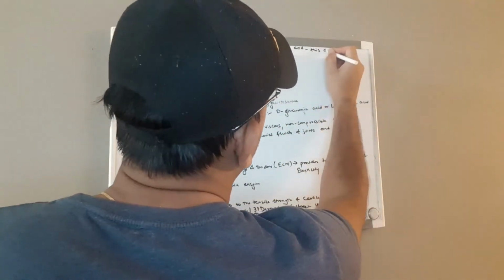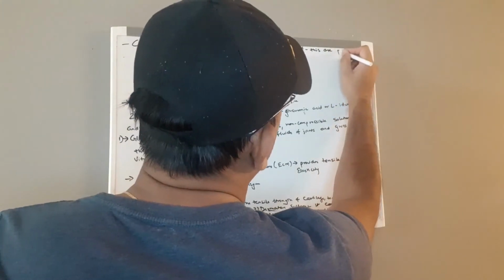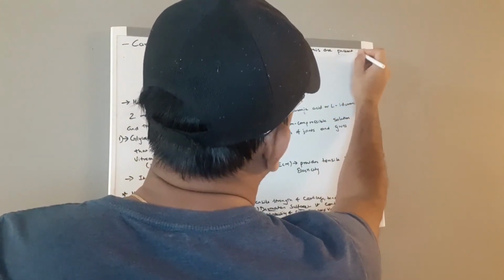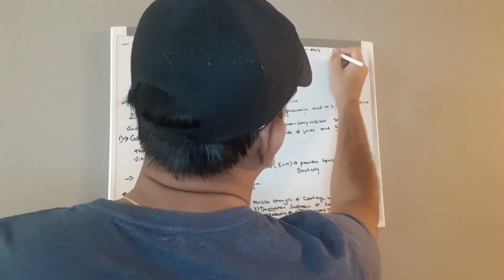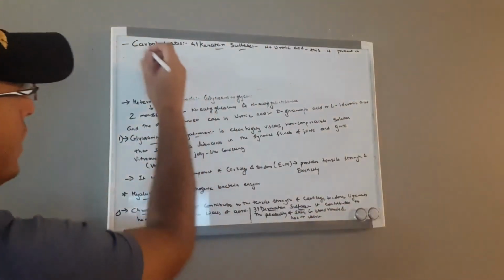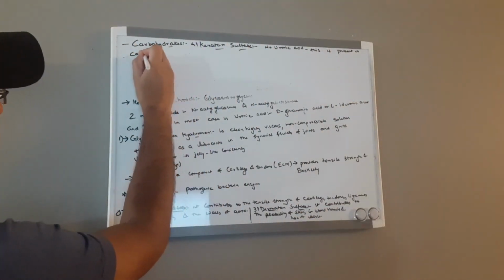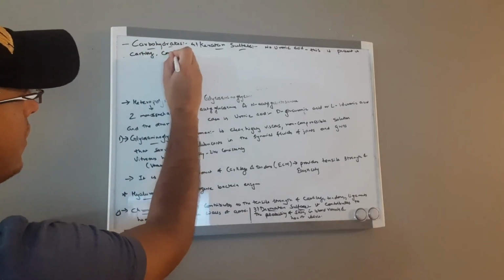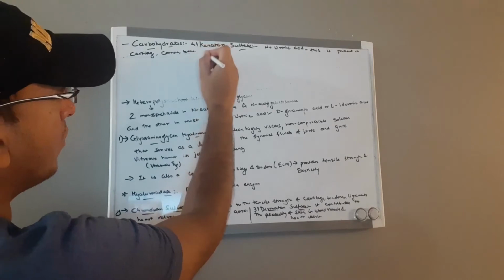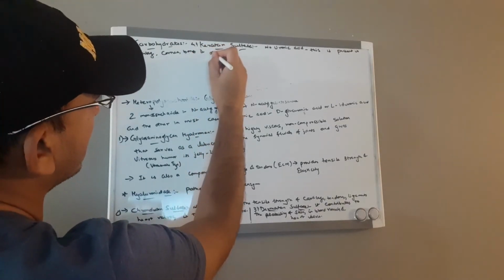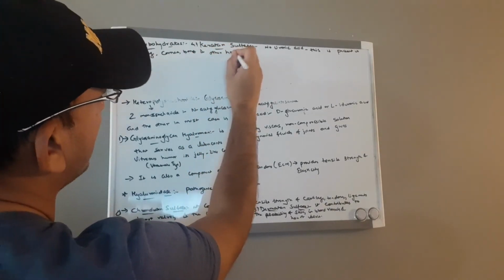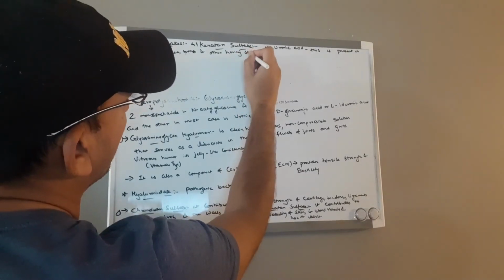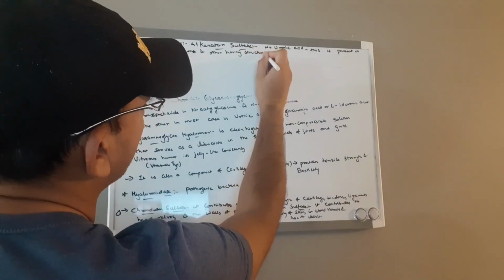So this is present in cartilage, bones, and other horny structures. What kind of horny structures?